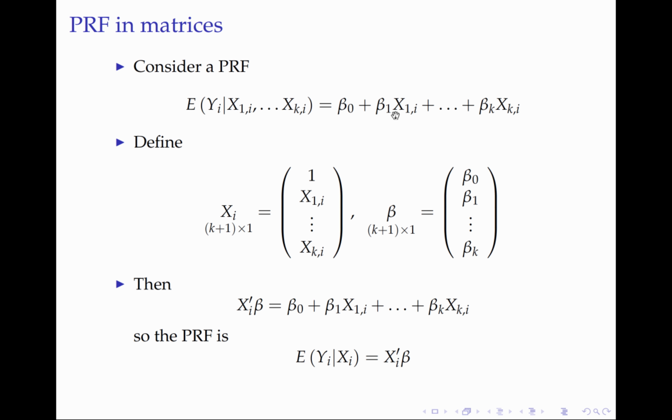So it simply returns the PRF back to us that we started with. The point of that little maneuver is that we can now write the PRF for any multiple regression model quite compactly as the expectation of y given the vector x being x_i transpose beta.